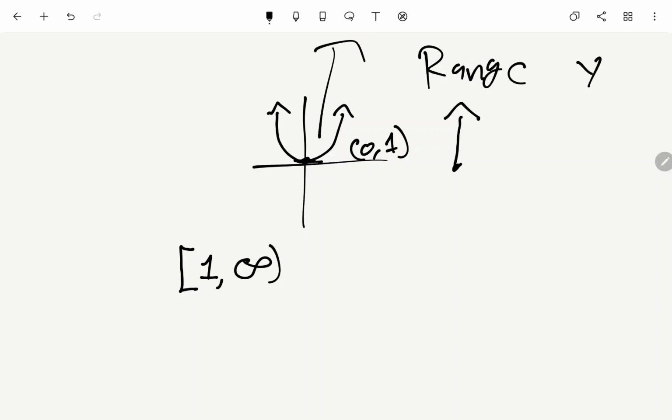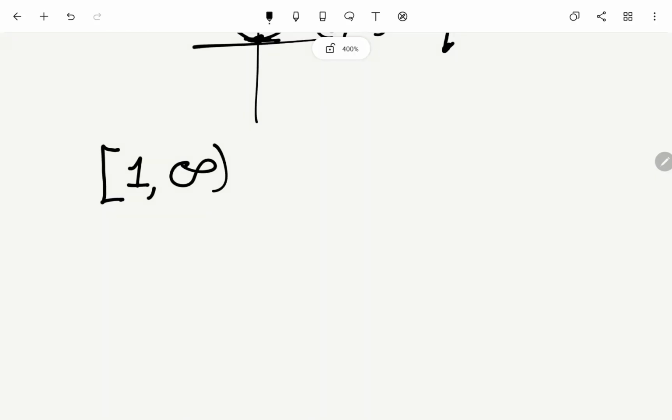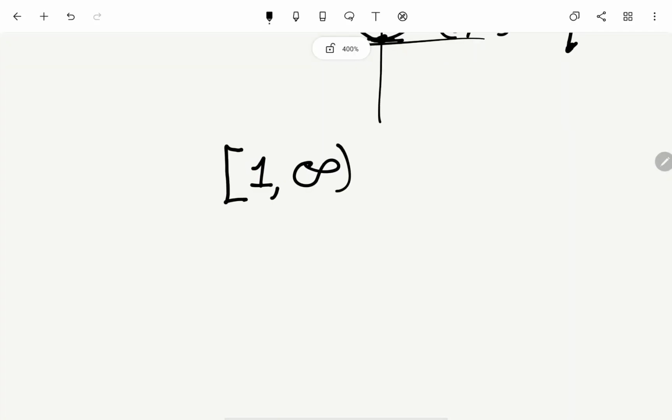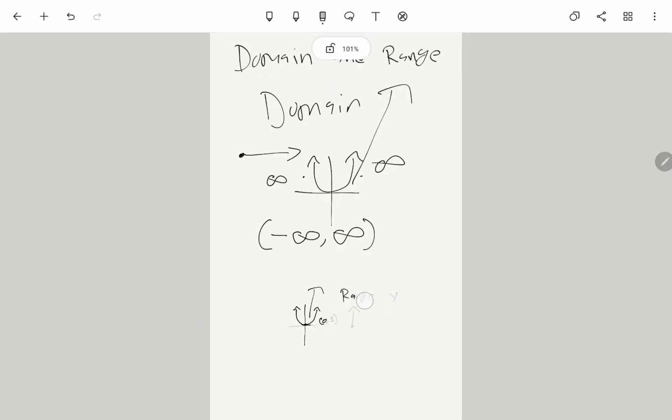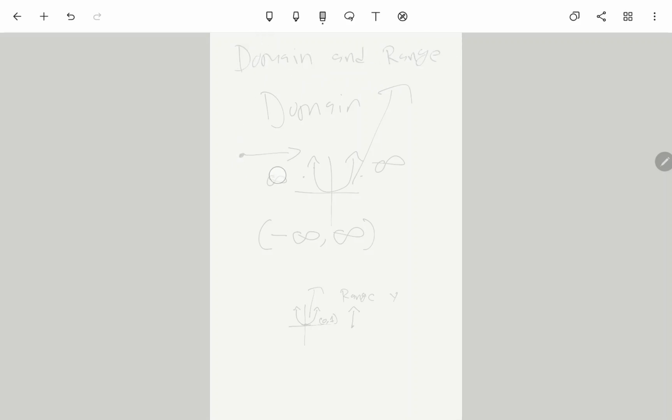So now that we know that, we can solve equations.